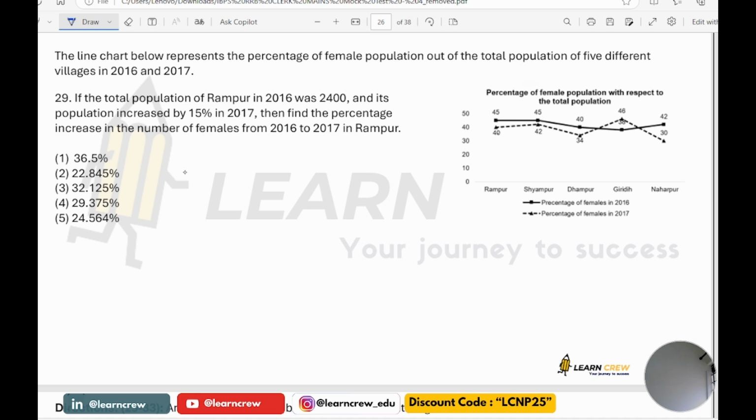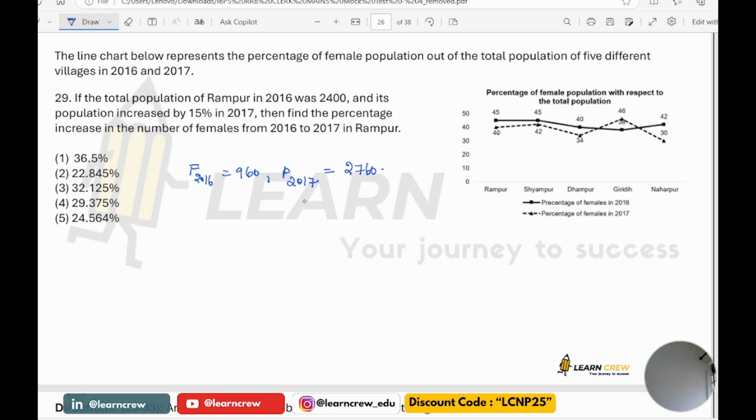So female population in Rampur in 16, how much? 40% of 2400, which is 960. And population of Rampur in 2017 is how much? 15% more than 2400, means how much? 360 more, 2760.